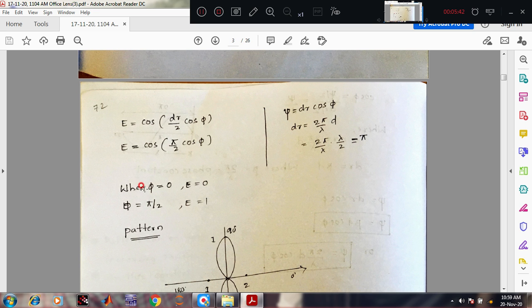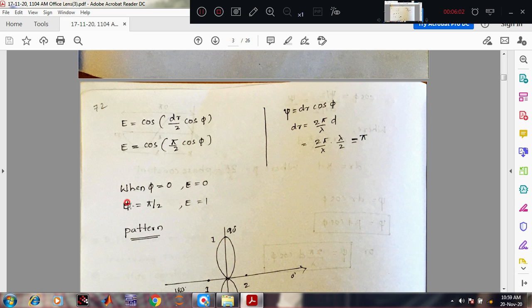So when phi is 0, if I substitute phi as 0 in this equation, cos 0 will be what? 1, right? It will be 1, cos pi by 2. Cos pi by 2 is how much? 0. So E will be 0 when the value of phi is 0.